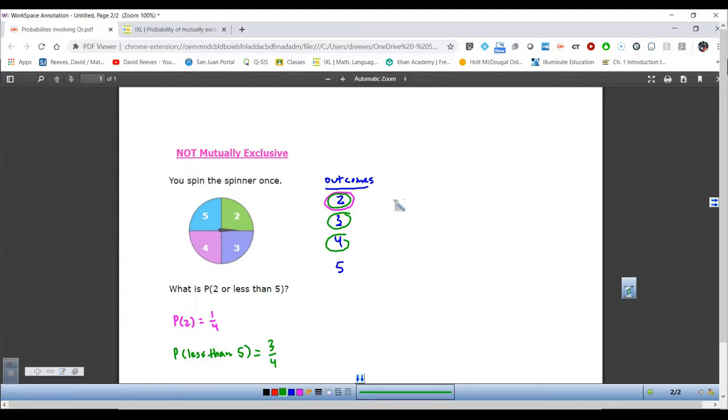Remember, what is probability? It's the number of winning outcomes over the total number of outcomes.